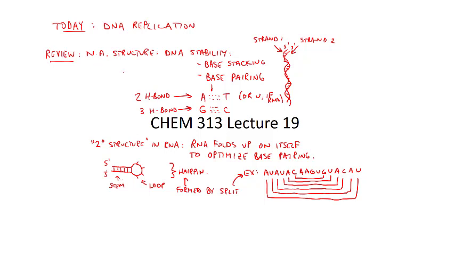The other topic that we briefly introduced with respect to DNA is the notion of fidelity. And we said that the fidelity of DNA refers to the ability to be copied repeatedly with few, if any, errors.